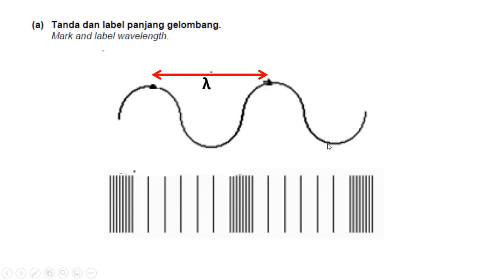Or trough to another trough, or the distance between one compression to another compression, lambda, or from one rarefaction to another rarefaction. So this is also called wavelength.